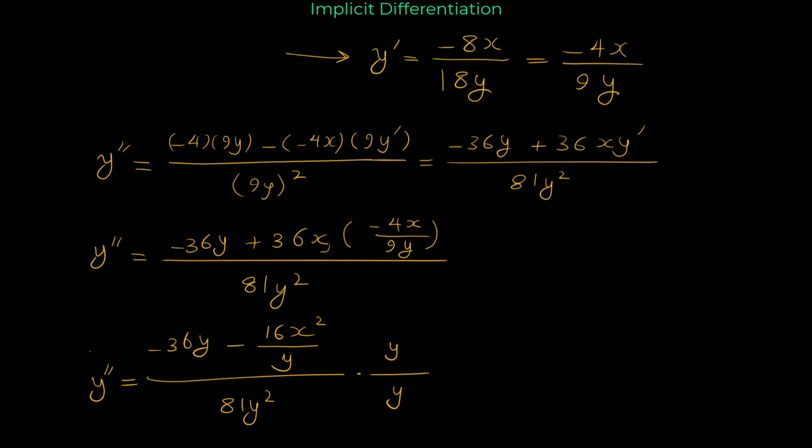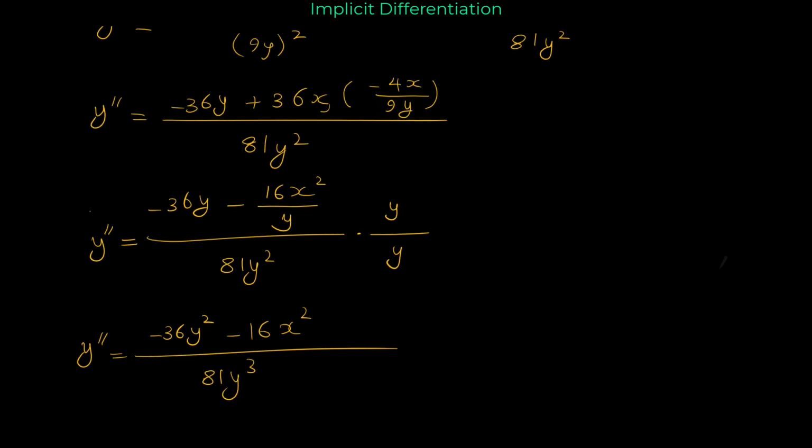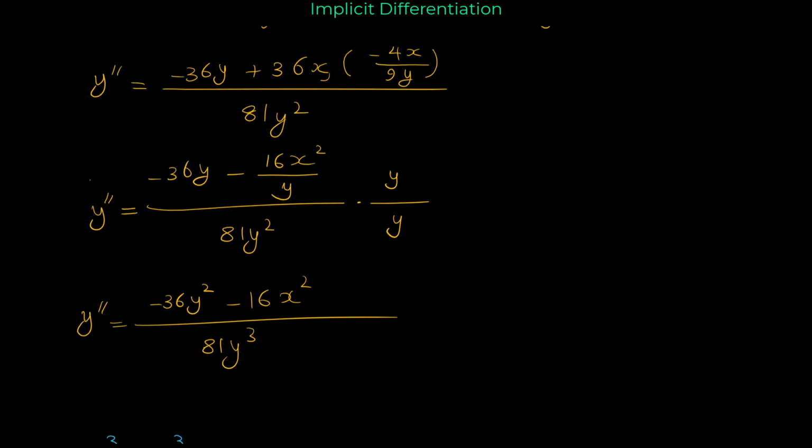But let me remind you, the given relation was 4x to the 2 plus 9y to the 2 equals 25. Let me write it down here. So we know that for this curve, x and y satisfy this relation, 4x to the 2 plus 9y to the 2 equals 25.